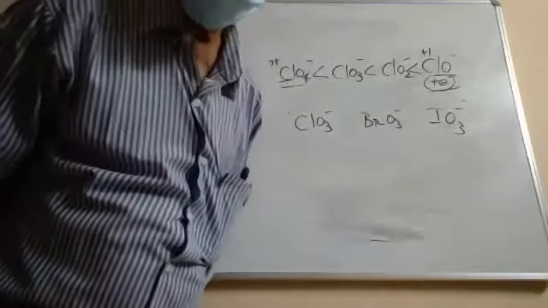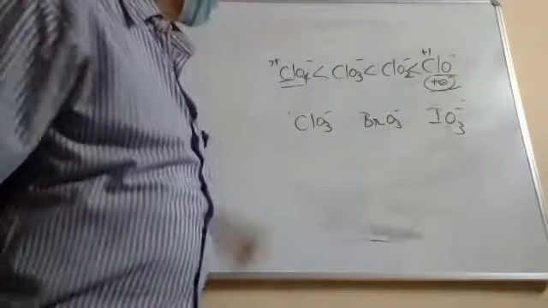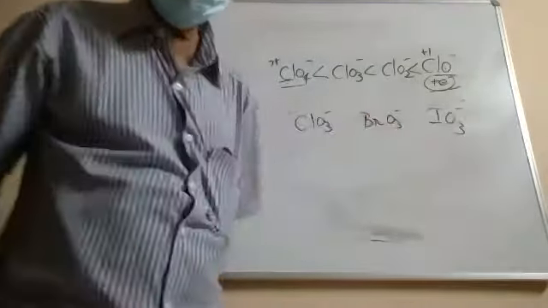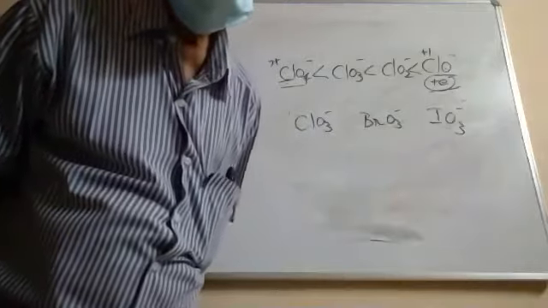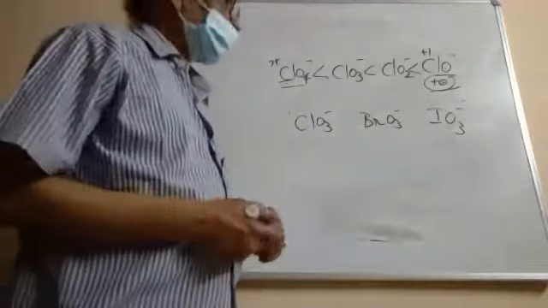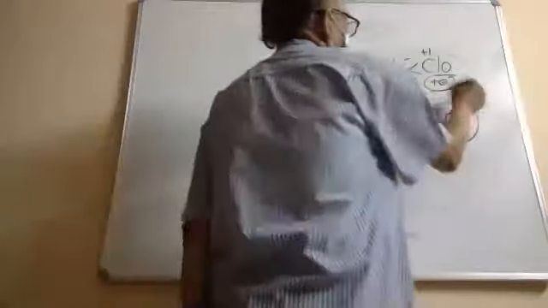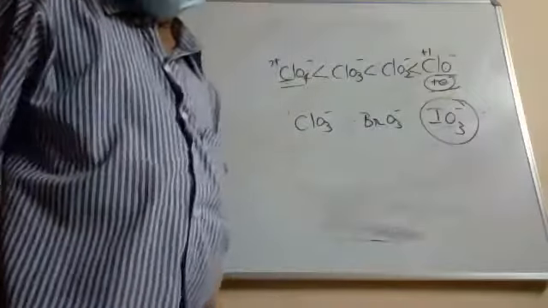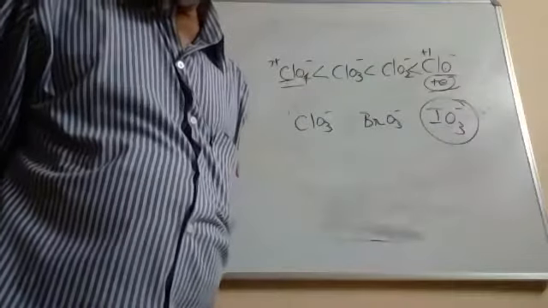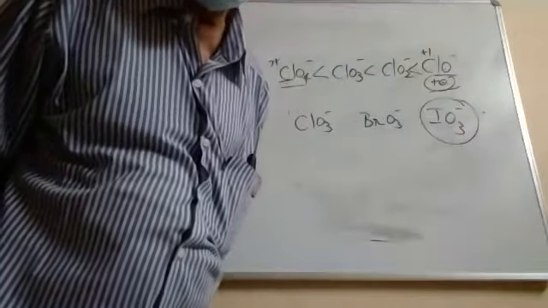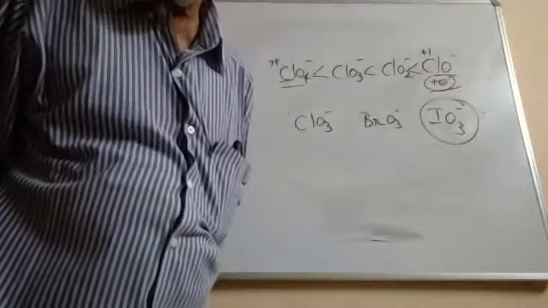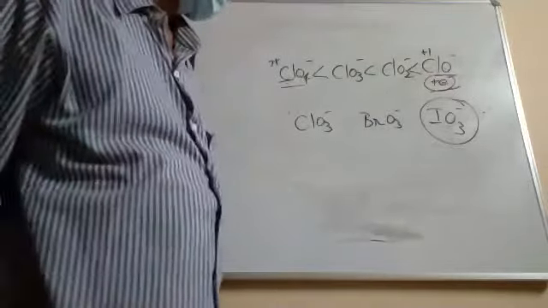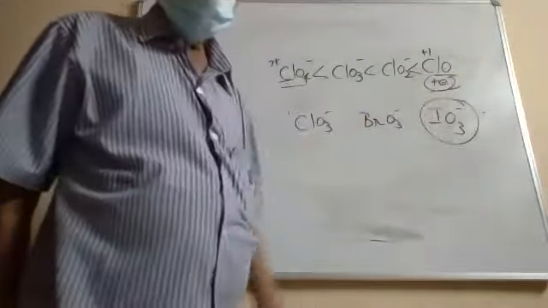You are absolutely correct. So between these three, which one is easily reducible? Iodine. You are absolutely correct. And so this is how the thing goes on.